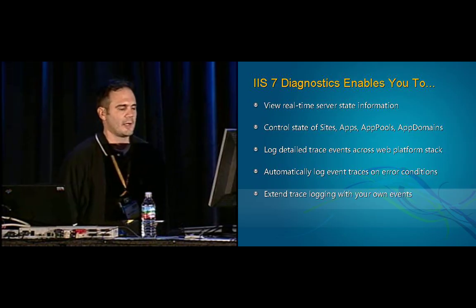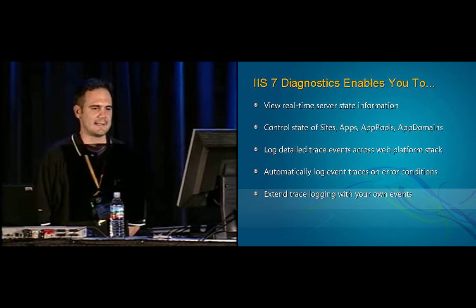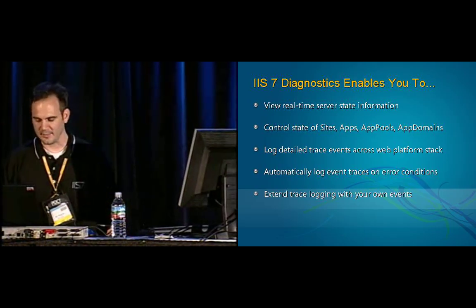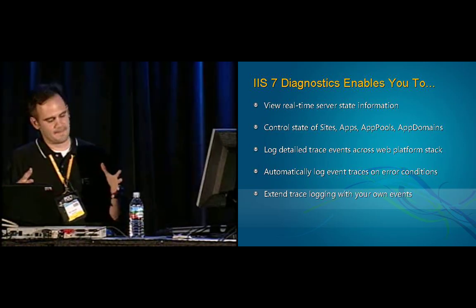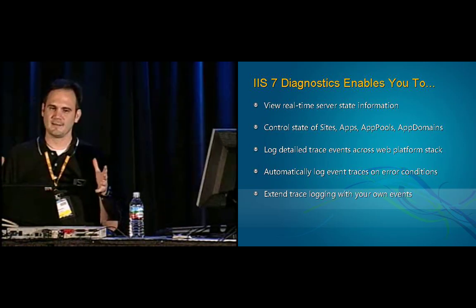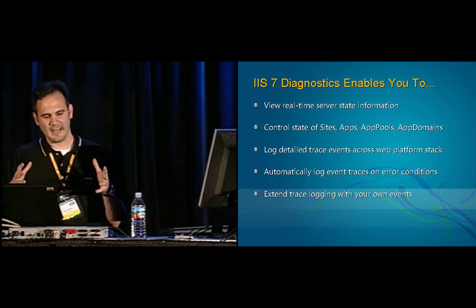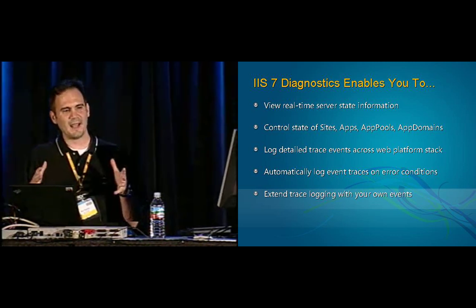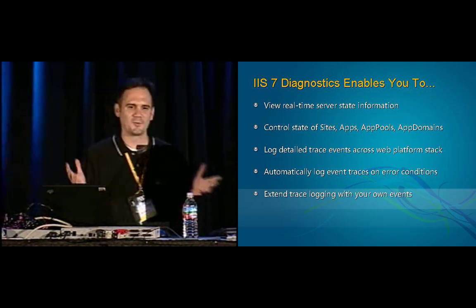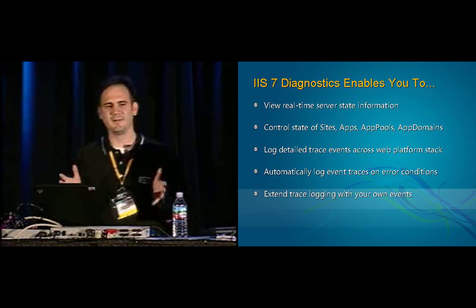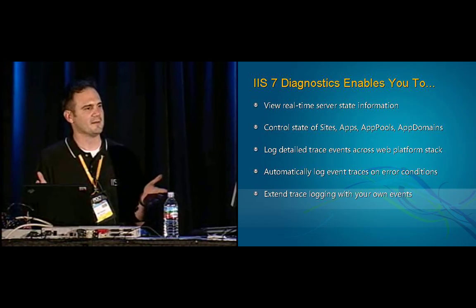Next big area we're working on with IIS 7 is diagnostics. Today, customers often tell us, requests come into IIS, and it's like a black box. They go in, and most of the time they come out okay, as expected, but sometimes something goes wrong, and it's really hard to figure out what's going on, right?